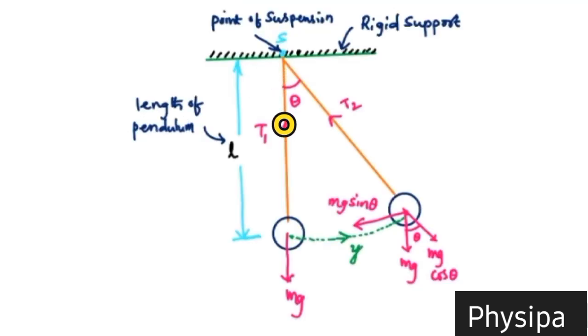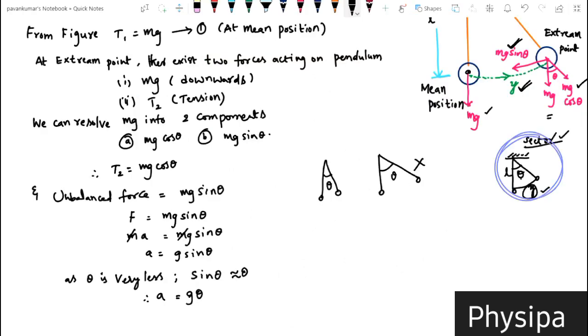Now again, coming to the figure, this portion of the figure is similar to a sector, so we can write arc length is equal to radius, which is here the length L, multiplied by the angle, here theta.